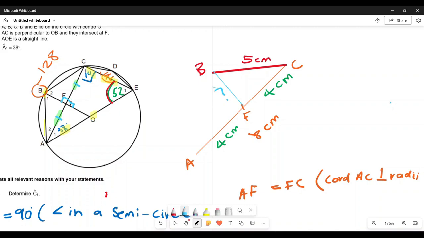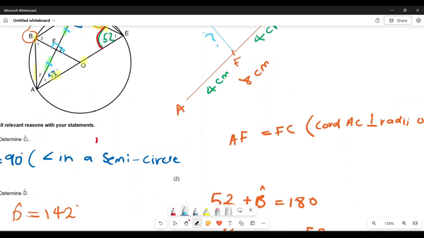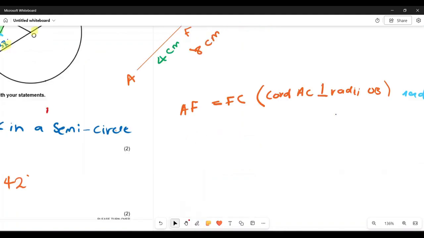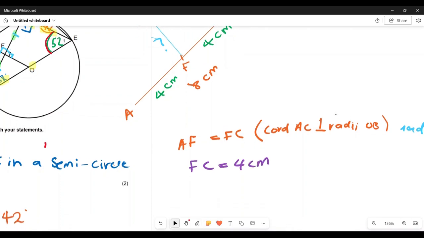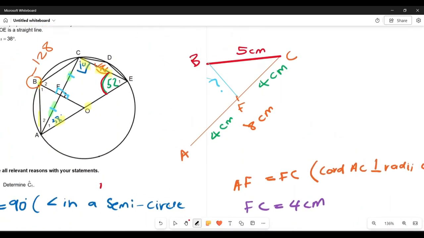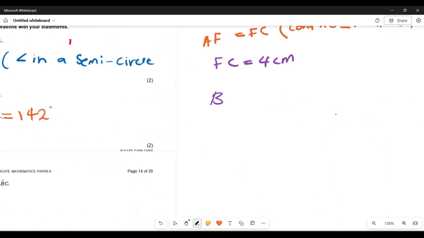So to answer this question, I would first start by mentioning this point, that my AF is equal to FC. The reason is because our chord is perpendicular to our radius. Let me just erase here at the bottom. Now, as a result, FC will be equal to 4 centimeters. Another point that I would need to mention is that this angle right over here, angle BFC, is equal to 90 degrees.